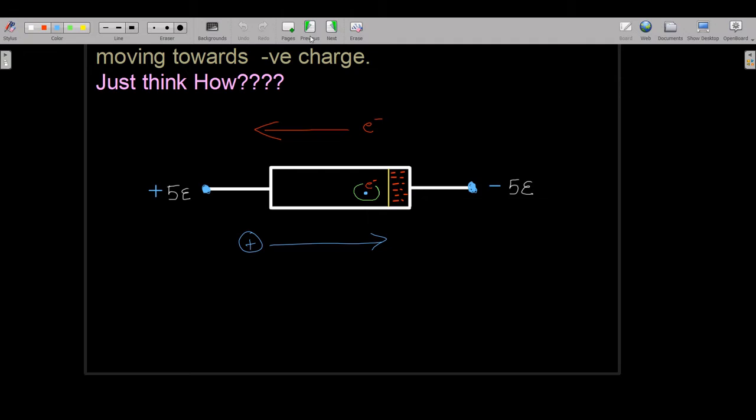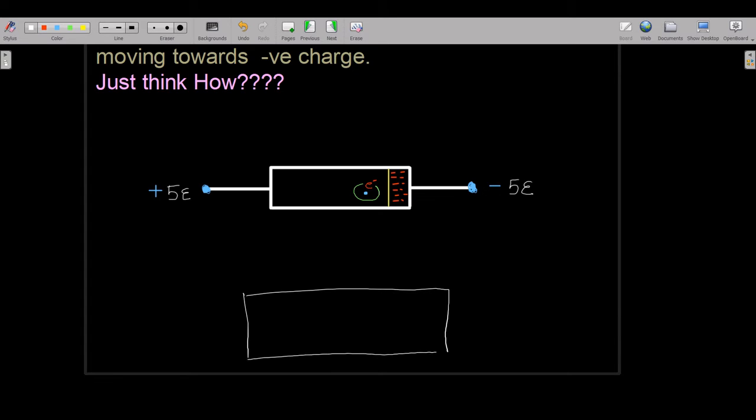So let's get to the answer. Let me erase this first so that I can explain this concept in a better way. Then let me draw the conductor over here. This is a particular conductor or piece of wire, whatever it may be.